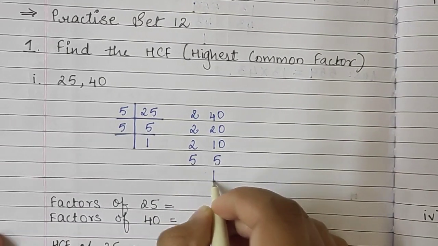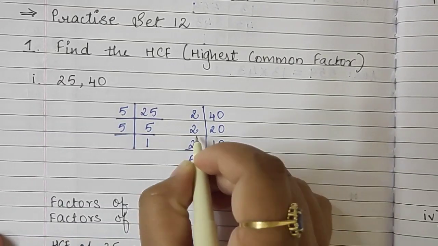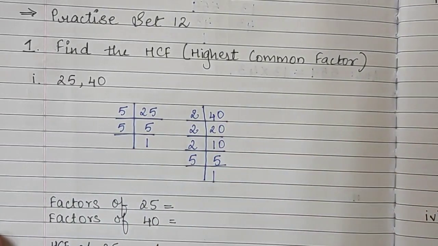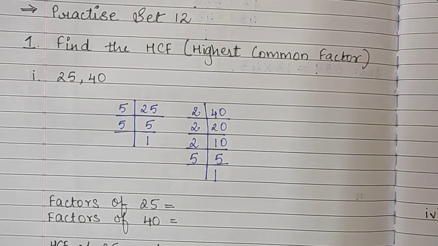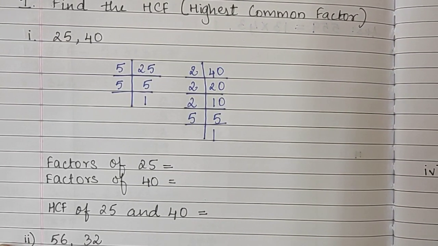And 5 1s are 5. So these are the factors of the number 40.